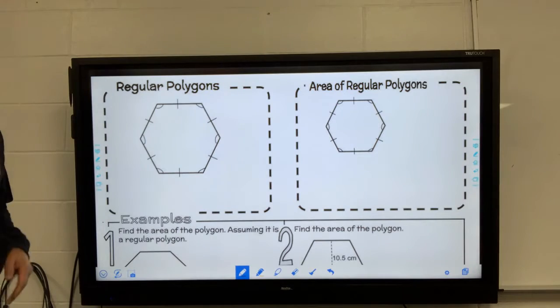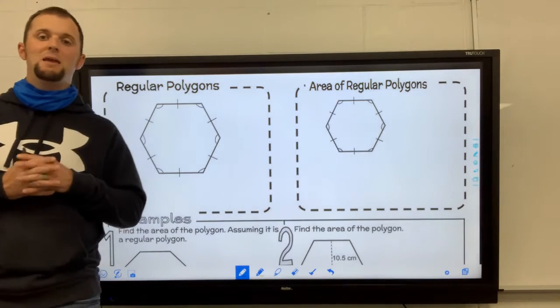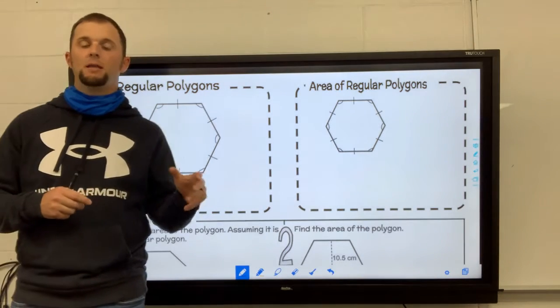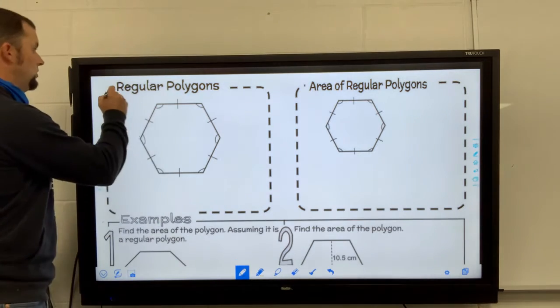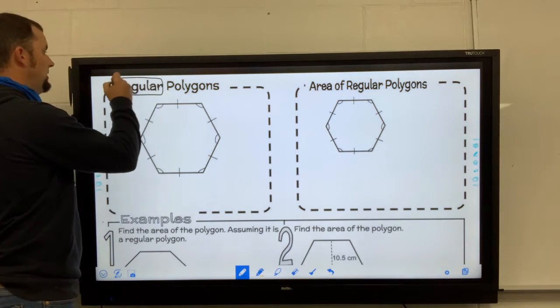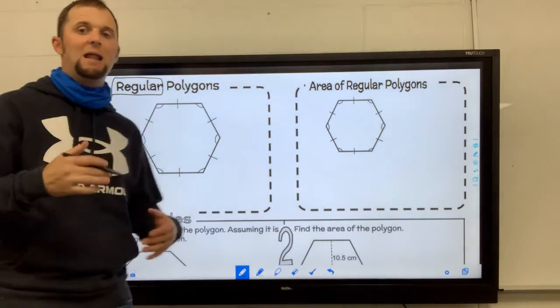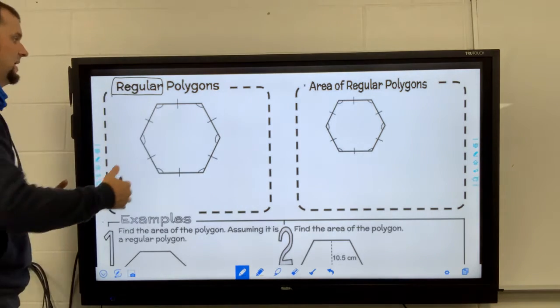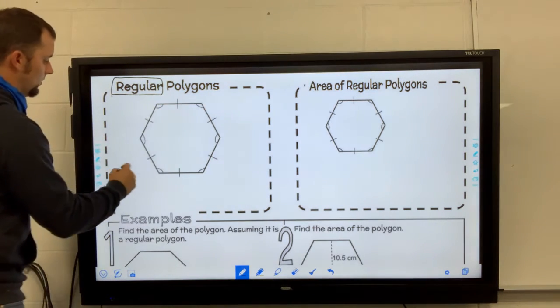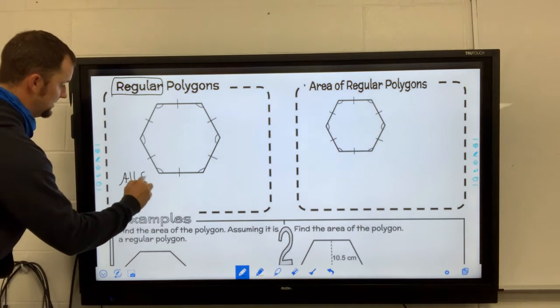All right, so the first thing we're going to look at is specifically what I mean by the word regular polygon. The key thing is when you read this word, a regular polygon, automatically what that means is that all of my sides are going to be congruent. So all sides are congruent.